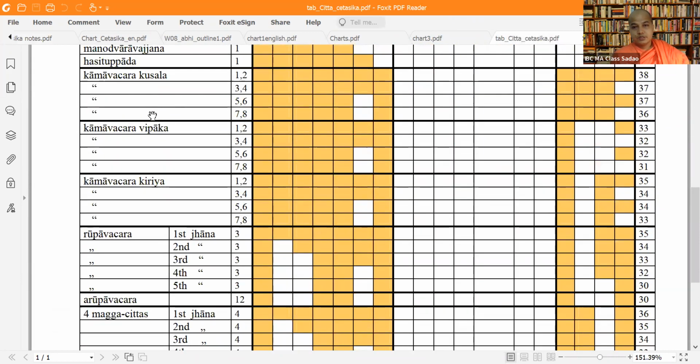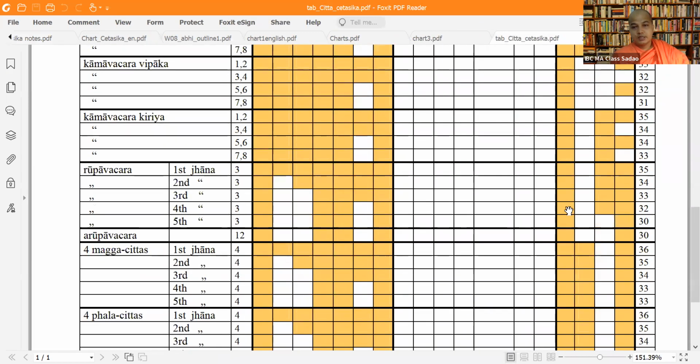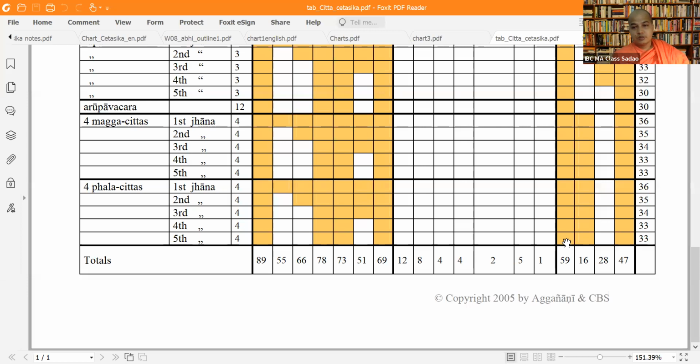So we have this sobana chitta starting from here, Kamavachara kusala, means it is present in all the chittas, 59, right?